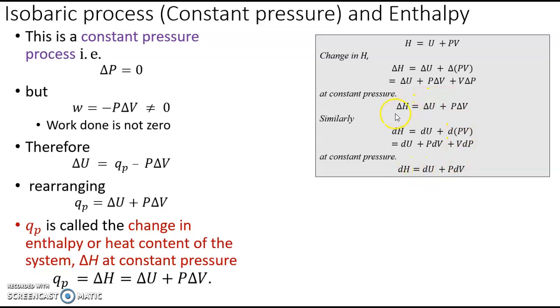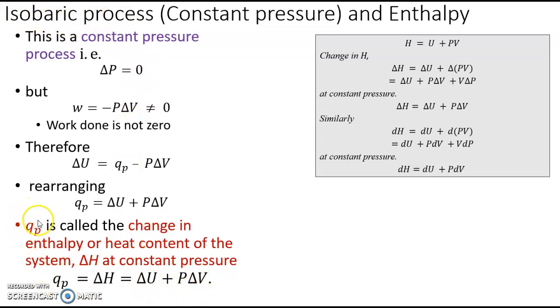Okay, so back to this equation. At constant pressure, delta H, which equals delta U, the change in internal energy, plus pressure multiplied by the change in volume, is identical to the equation for QP for an isobaric process.